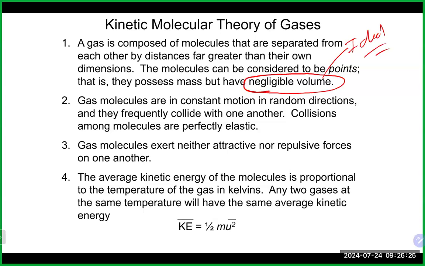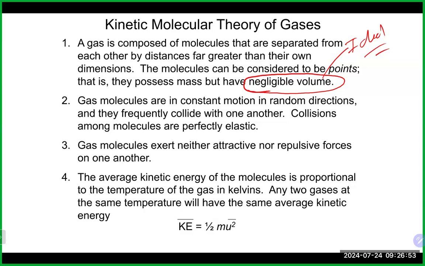We often think about the volume of the container rather than the volume of the gas. You can think of it like a little pebble in a big container. The volume of the container is much more significant than the volume of the gas itself flying around it. Gas molecules are in constant motion and direction, and they frequently collide with each other.